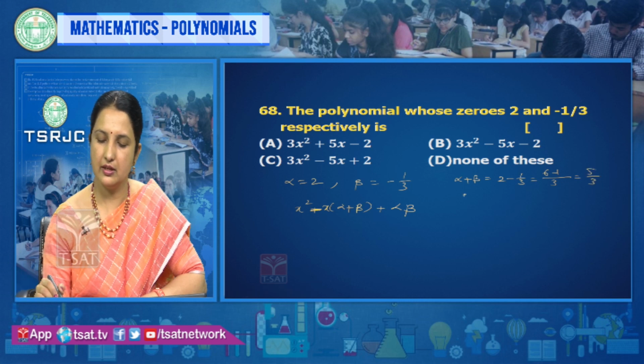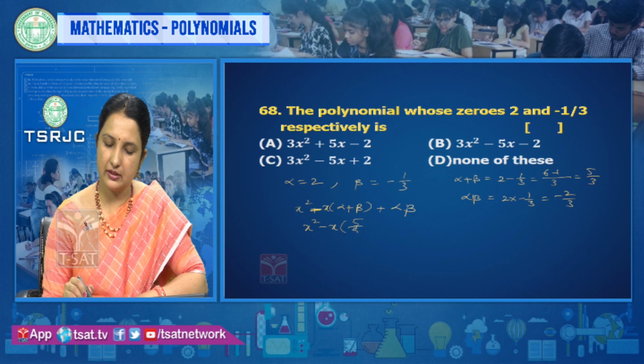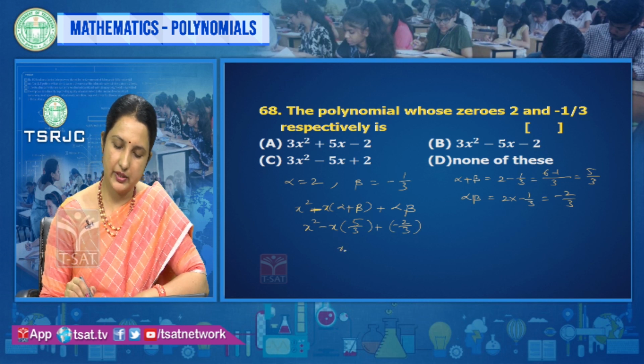Alpha into beta is 2 into minus 1 by 3, that equals minus 2 by 3. You substitute here: x square minus x into alpha plus beta, which is 5 by 3, plus alpha beta, which is minus 2 by 3. Then you will get x square minus 5x by 3 minus 2 by 3.